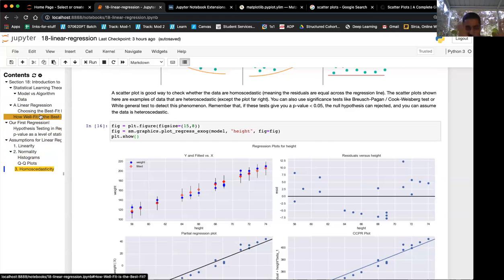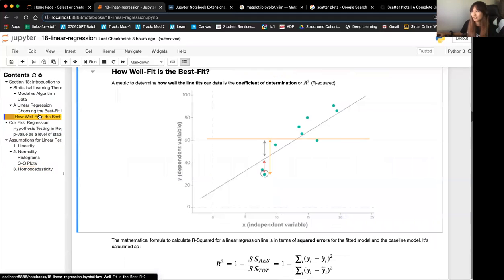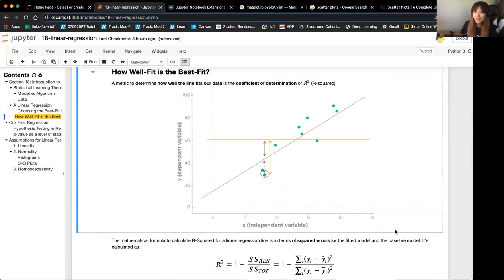Yeah, of course. I was actually going to talk about this on Thursday, but I think it's good to at least introduce it now. Talking about how well our model generalizes is basically the idea of validation.